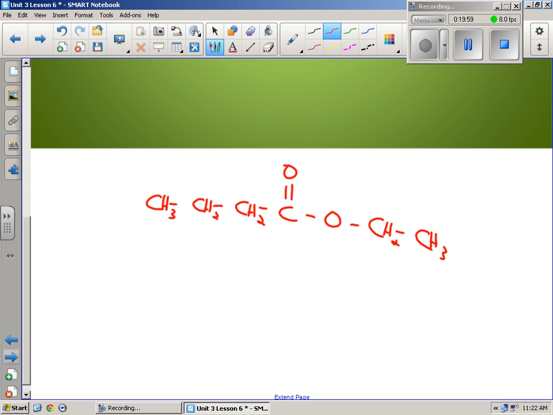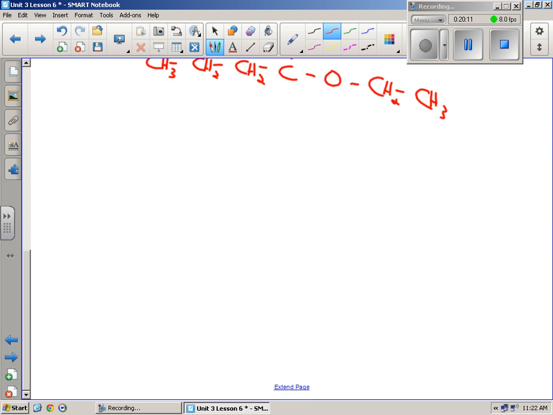What's the next one here? Next one is propyl, and you'll see a space there, 2-methylpentanoate. I always start at the end. Pentanoate tells me that is pentanoate: 5 carbons, double bond O. On the second carbon, I have a methyl. Notice that's all one word there, guys, 2-methylpentanoate. 1 carbon, 2 carbon right there.